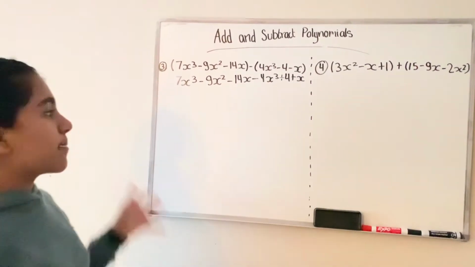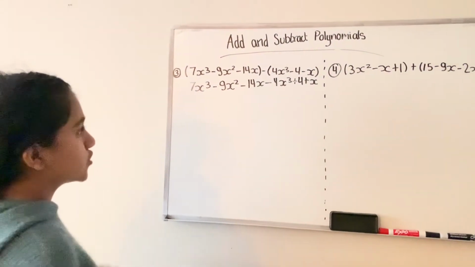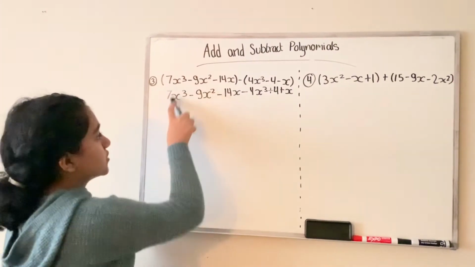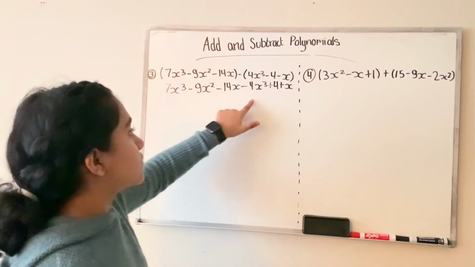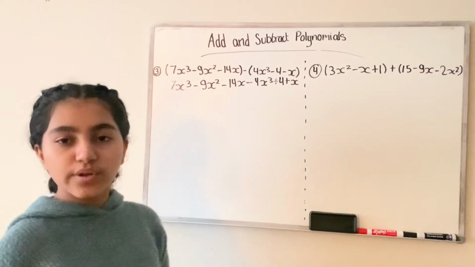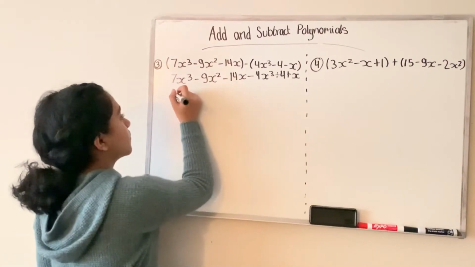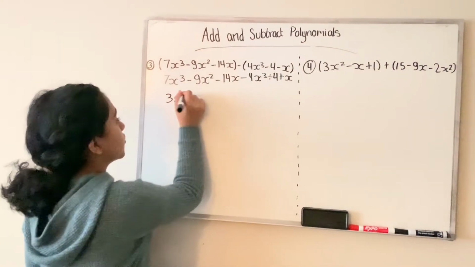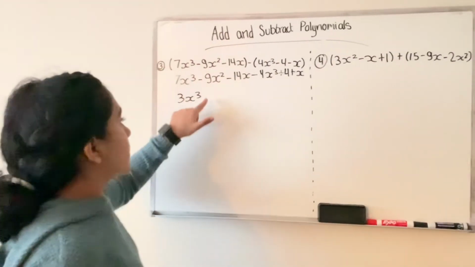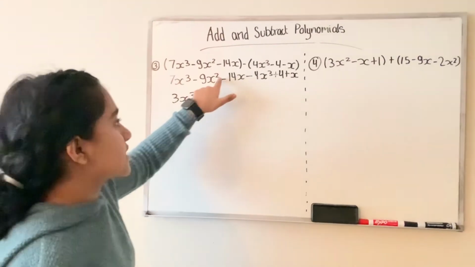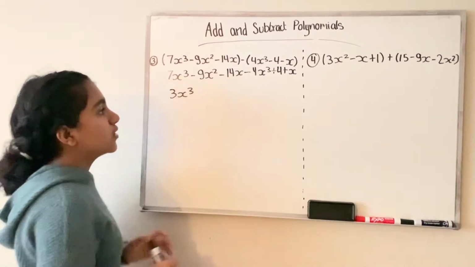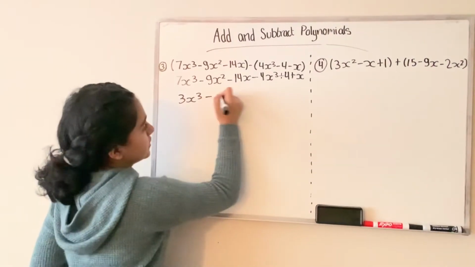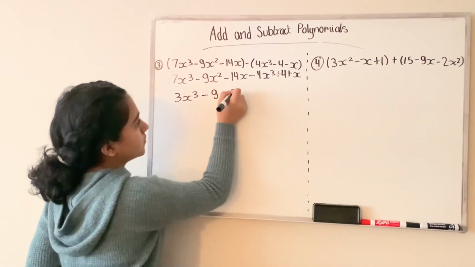And now you would just combine the like terms. So first we're going to combine the x to the third powers. So 7x to the third power minus 4x to the third power would be 3x to the third power. So we just write 3x to the third power. And then we're going to combine the ones that have an x to the second power. So we don't really have another one that has an x to the second power, so we're just going to write minus 9x to the second power.